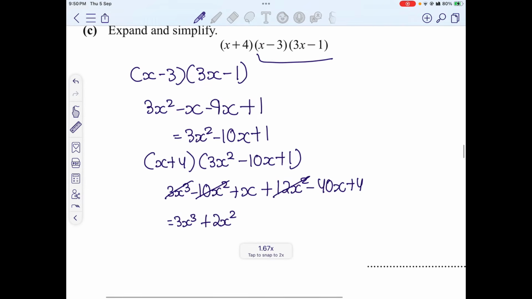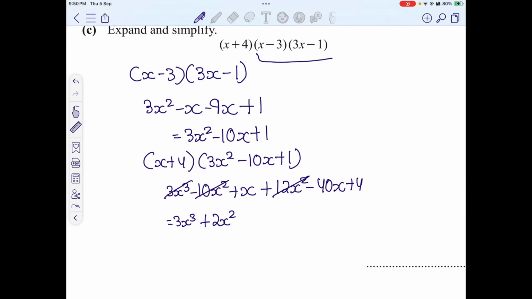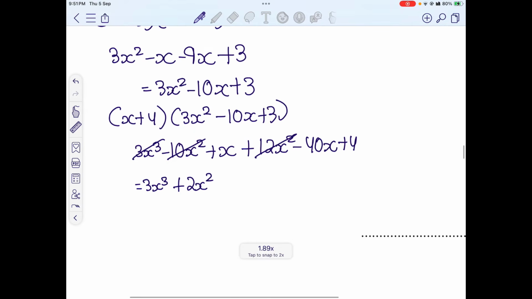Have I made a mistake somewhere? Let's just check for it. x into 3x is 3x squared, minus x minus 9x. So negative 3 into negative 1 would be positive 3. So 3x squared minus 10x plus 3. Alright, so x plus 4 times that. Okay, yep. So when you multiply, the only difference is that it would be 3x squared minus 10x plus 3 here.